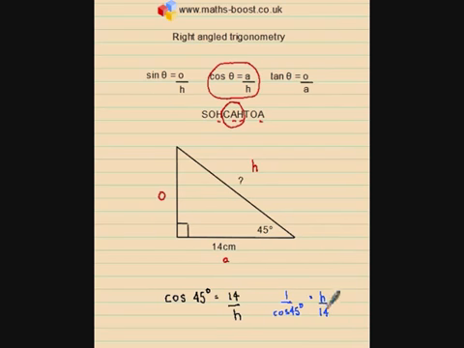So we're nearly there. Now I've got H on top, which is what I wanted, but it's being divided by 14, so I need to undo that. So I'm going to do the opposite of divide by 14 to undo that, which is times 14. And again, because I've done it on the right, I've got to do it on the left. This is just basic algebra.